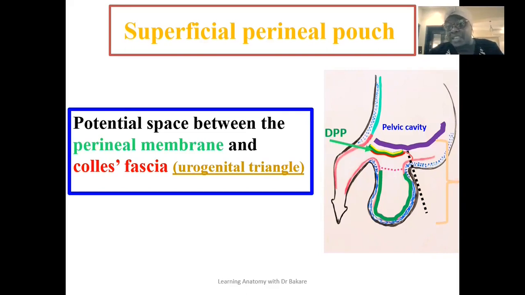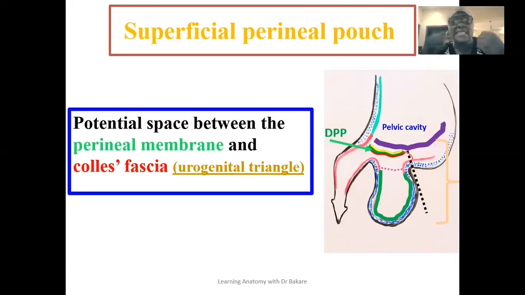So superiorly, we have the superior fascia of the urogenital diaphragm, and this is what is highlighted here in yellow. While inferiorly, we have the inferior fascia of the urogenital diaphragm, and this is what is highlighted here in red. So you see that the urogenital diaphragm covered superiorly by the superior fascia and inferiorly by the inferior fascia of the urogenital diaphragm is what makes up the deep perineal pouch.